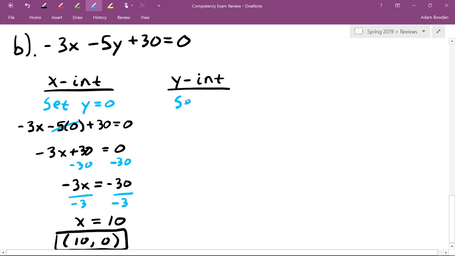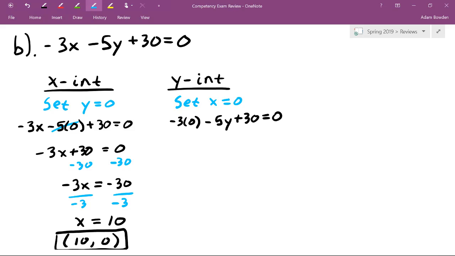And now for the y-intercept, we set x equal to 0. That gives us negative 3 times 0, which zeroes out the x, minus 5y plus 30 equal to 0. Of course, this term will disappear since it's all 0. So we just have negative 5y plus 30 equal to 0, which we then subtract the 30.